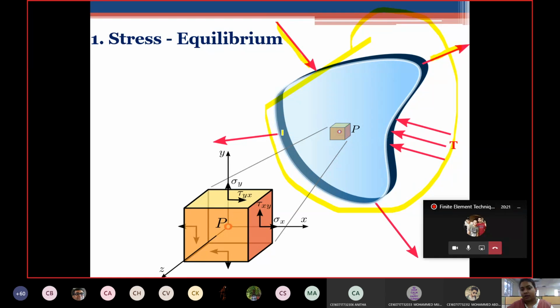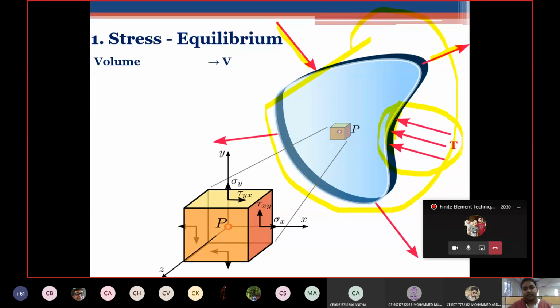Some are compressive, some are tensile, and here specifically a part of the surface of the member is subjected to a force called T.